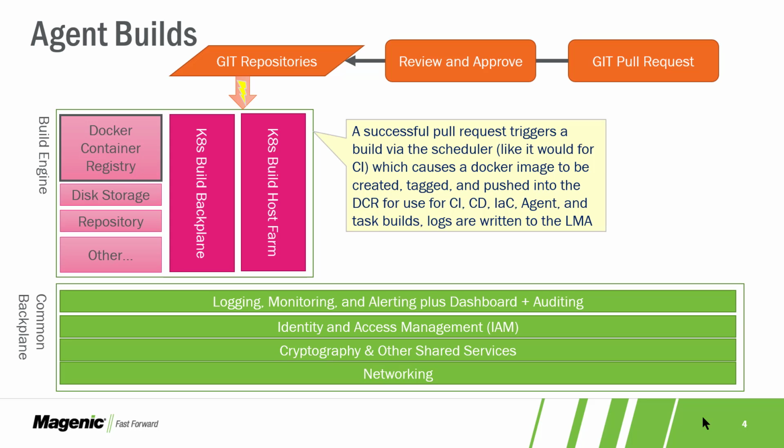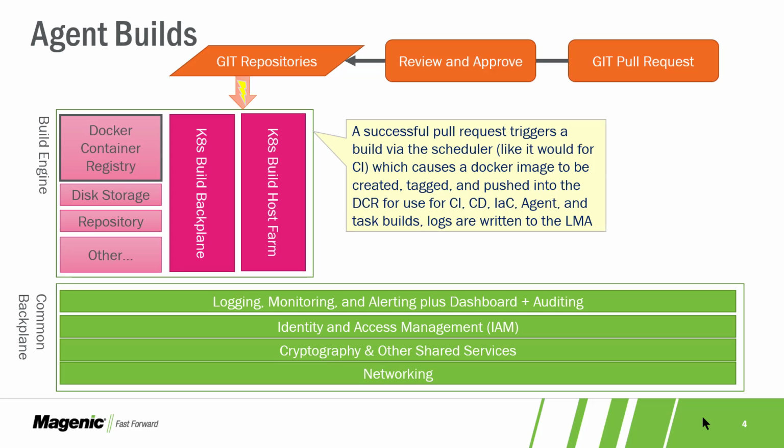And for all these processes, they'll leverage the horizontal green common backplane, which includes logging, monitoring, and alerting. So the whole system, including the output of all the build and script execution, goes into the single source of truth.